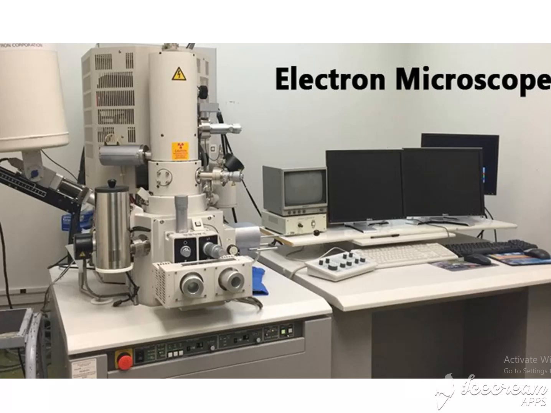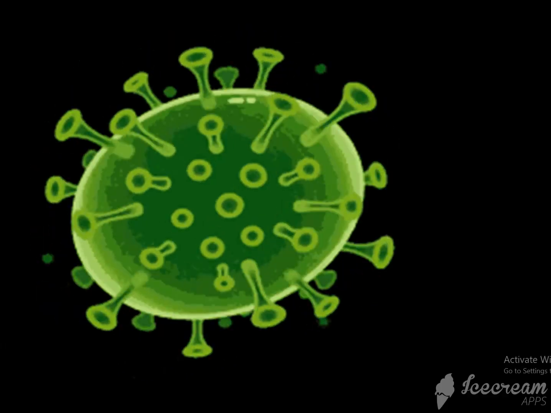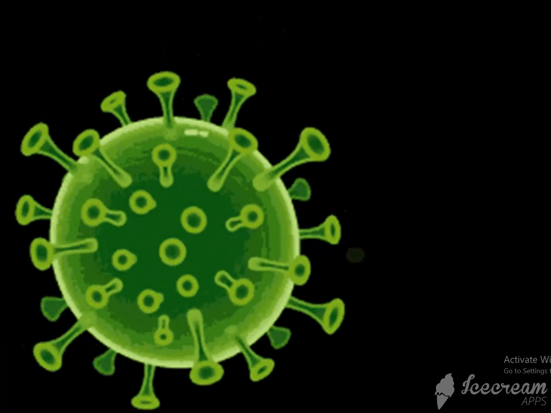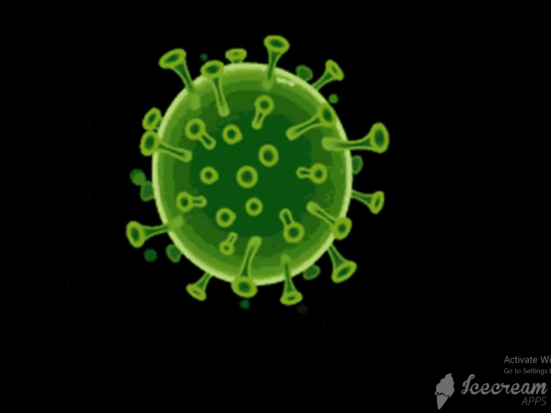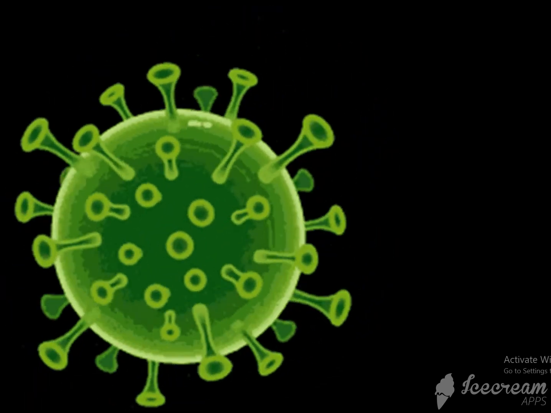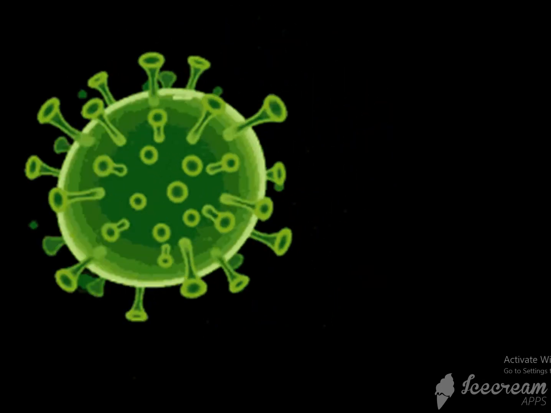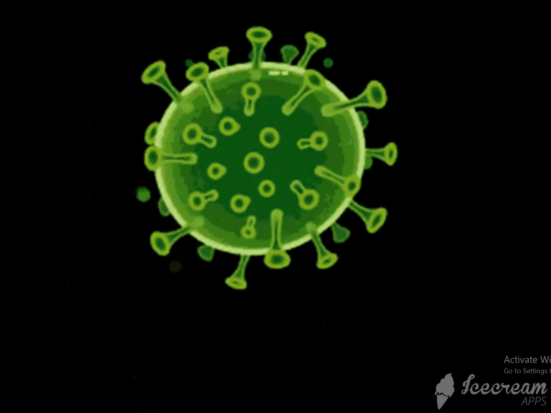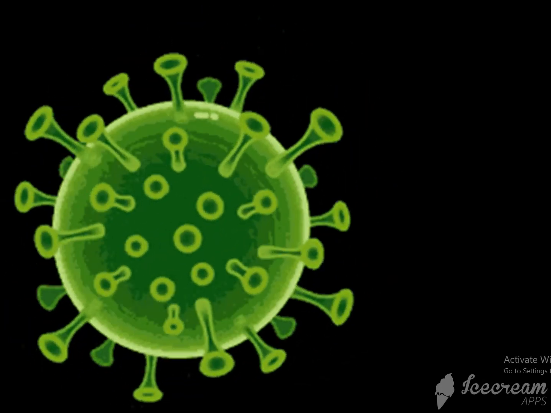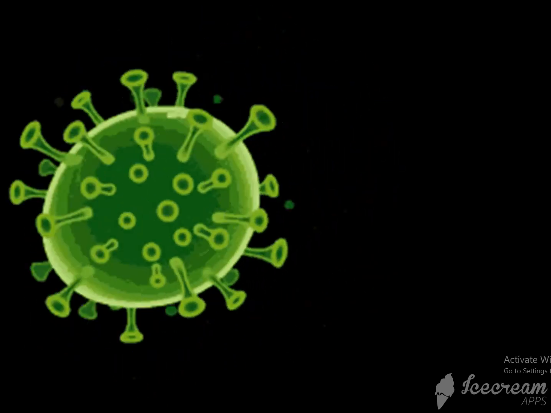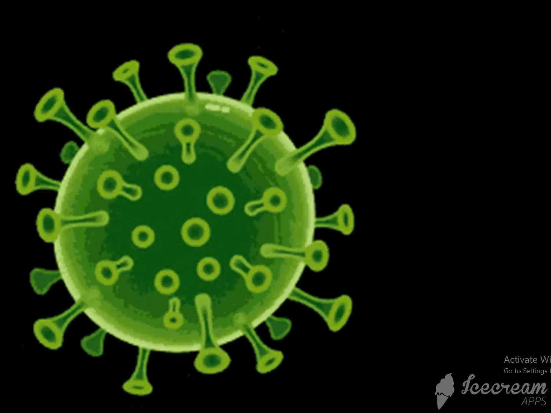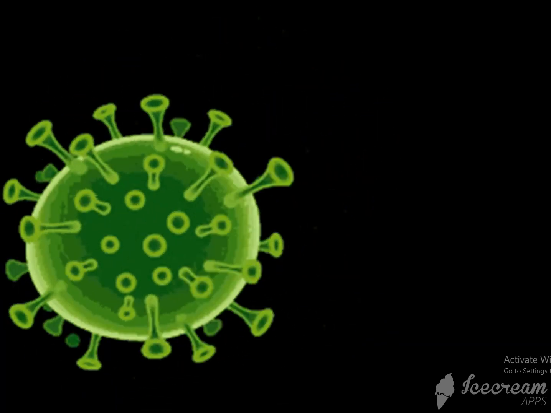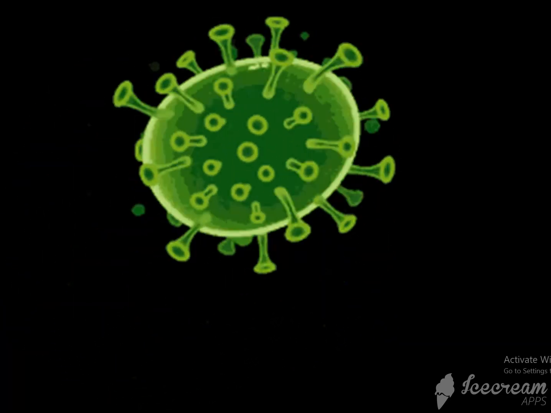And these viruses are very difficult to classify because these viruses live in the living body like plants, animals and human beings. Outside the body they will be like non-living organisms, crystal in nature. So we cannot classify them whether they are living or non-living organisms.